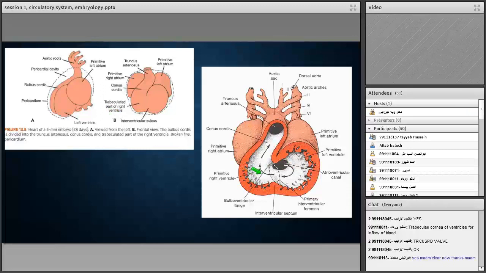In that slide, you can say this is the blue color and this part is the green color from the previous slide.